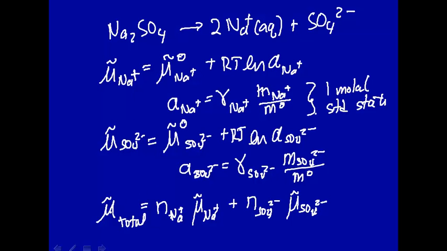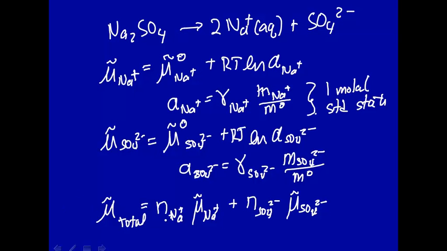So that's the total chemical potential of the solutes, which are the sodium ions and the sulfate ions. And the number of sodium ions you get and the number of sulfate ions you get is related to the stoichiometric coefficients. Here, the number of sodium ions would be 2, and the number of sulfate ions would just be 1.